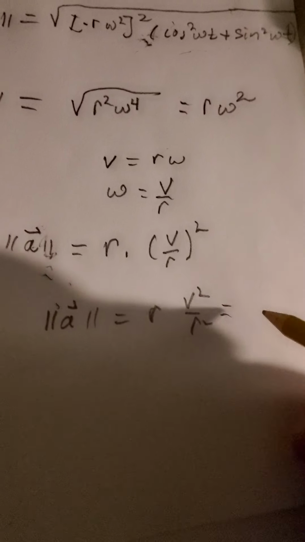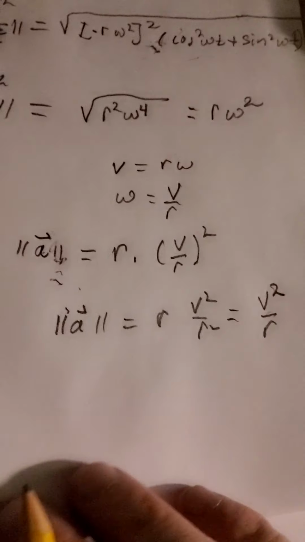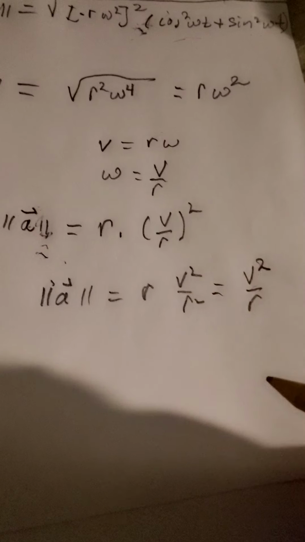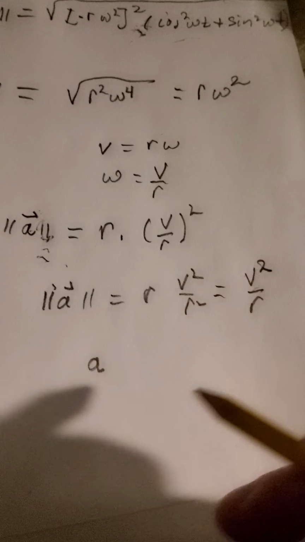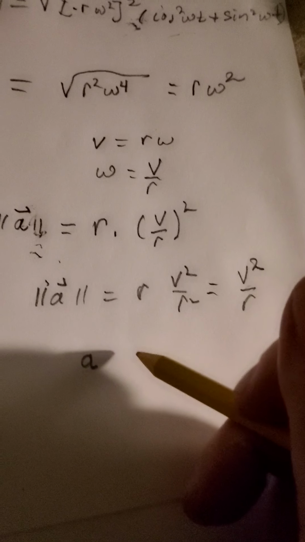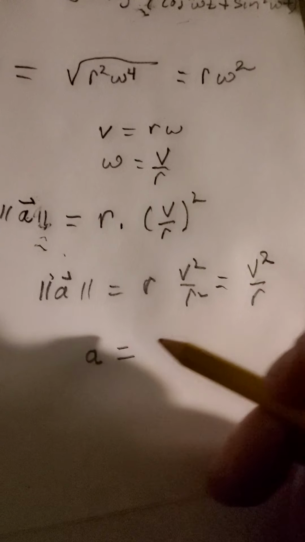And that is going to turn out to be v squared over r. So you're going to have, just write a simple a there with nothing over it. That's just the scalar value of the acceleration.